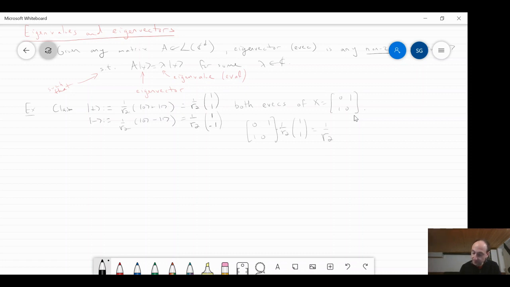It doesn't matter. Then the result is 1 times 0 plus 1, and then 1 times 1 plus 0. Well, that's the exact same thing. That's just the plus state again. I didn't lose anything.